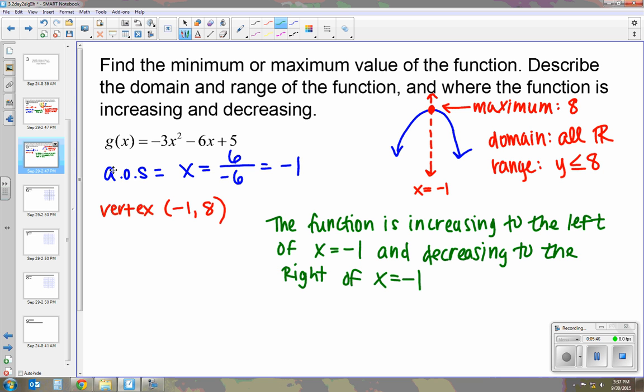Okay? So those are our examples for minimum or maximum, domain and range, and increasing and decreasing.